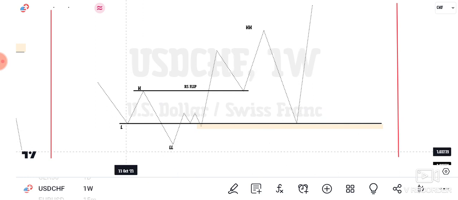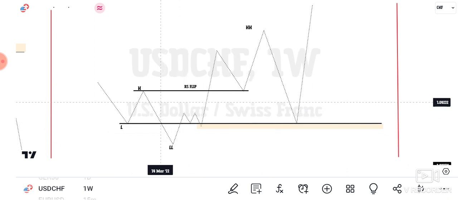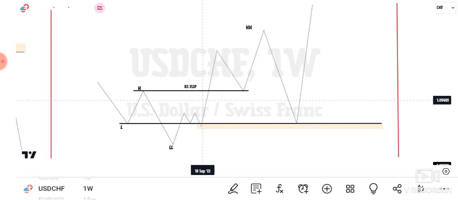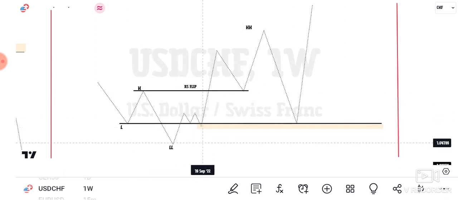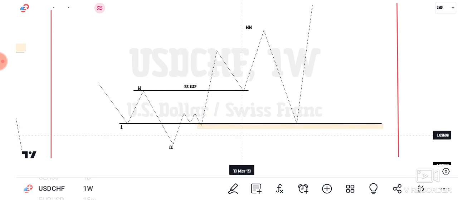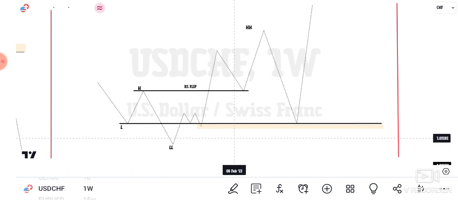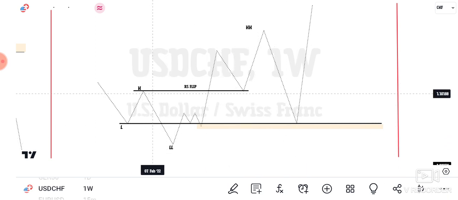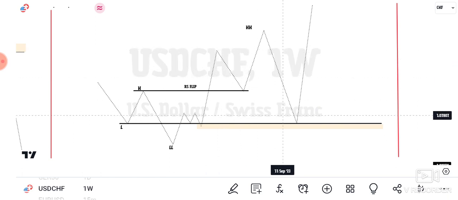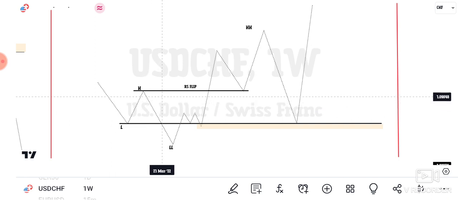You will have to wait for the change of character from this level before you can get an entry, to confirm whether it is a Quasimodo pattern, or it might also form a head and shoulders. But if it breaks the highs, it now confirms the Quasimodo level. I say for the head and shoulders, it does not break the highs if it is a buying setup.